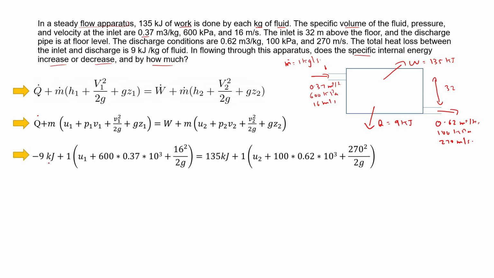If you substitute the values, you will get minus 9 kilojoule plus 1 into u1 plus, the pressure at the inlet is given, so that is 600 kilopascal, so 600 into 10 raised to 3, and specific volume is 0.37, plus velocity 16 square by 2g.